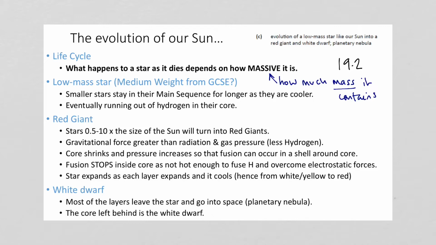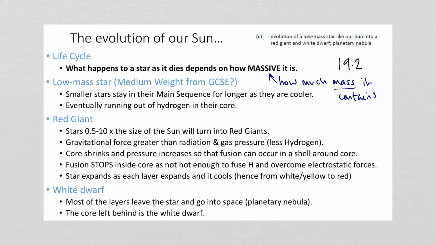However, often after about 1 billion or so years, they do run low on hydrogen, and then they move away from the main sequence onto the next phase of their life. So our star will turn into a red giant. Red because it's red in colour, and giant because it grows larger. And stars between 0.5 and 10 times the mass of our Sun will turn into a red giant.